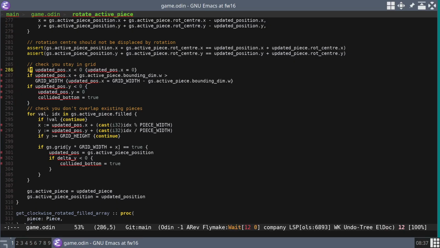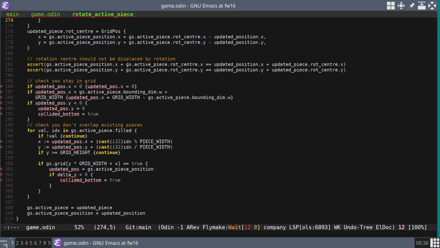So the first thing to say is, if you don't stay within the grid, we should displace you back into the grid, or just not allow you to do the thing. I thought I had an updated pos called position in this one. Annoying.